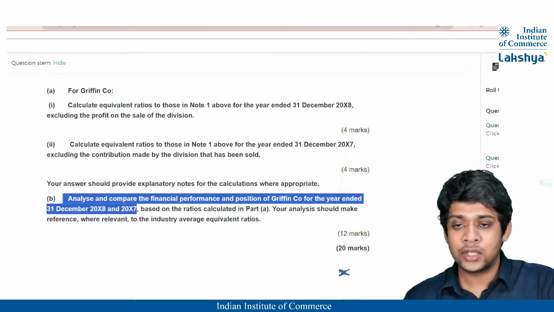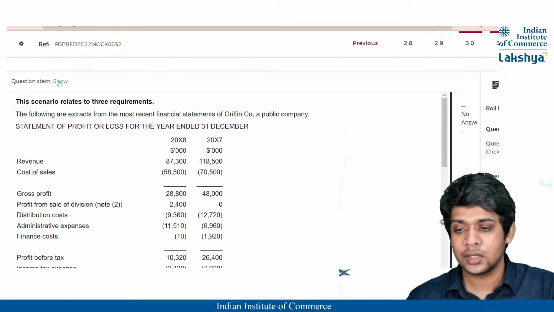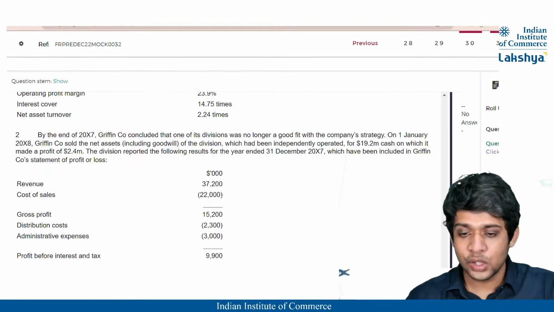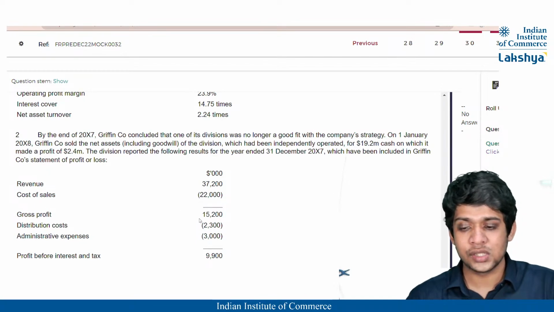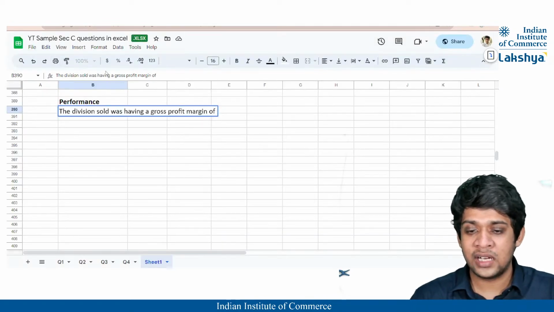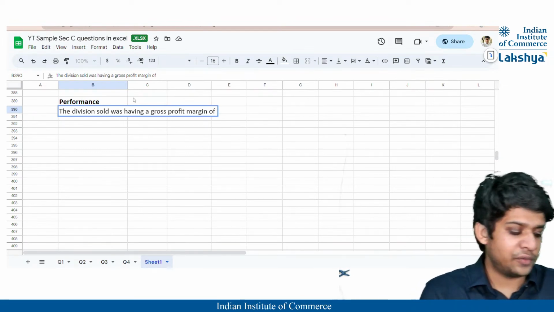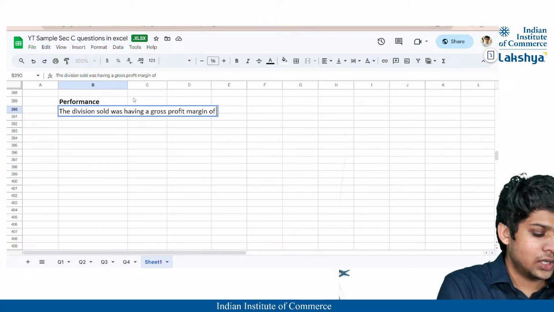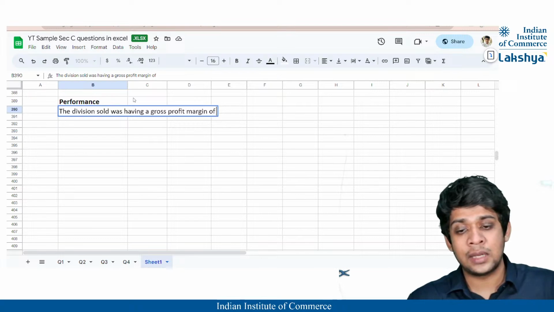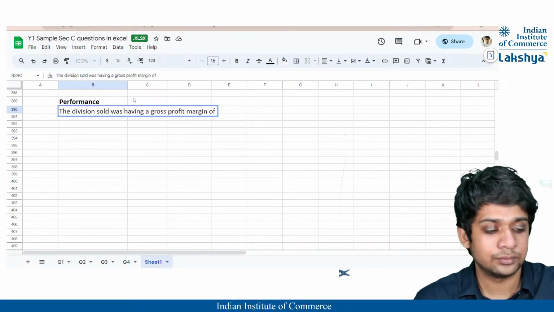Let us calculate the gross profit margin of the division which is sold off separately, because we have the relevant statement of profit or loss. So it is 15,200 divided by 37,200, gross profit divided by sales revenue. 15,200 divided by 37,200 into 100 will give us 40.8%.